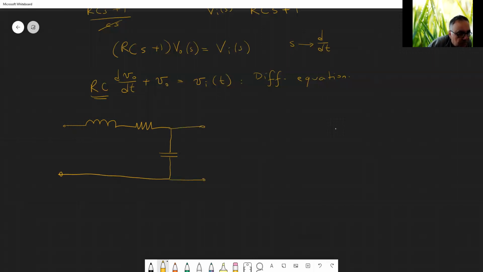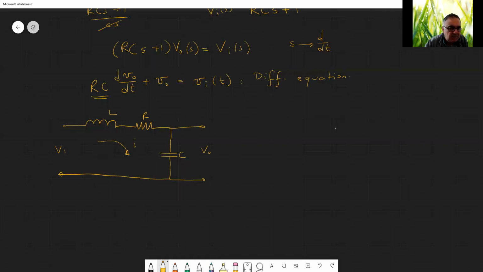Again, we want to find the transfer function that relates VO to VI.